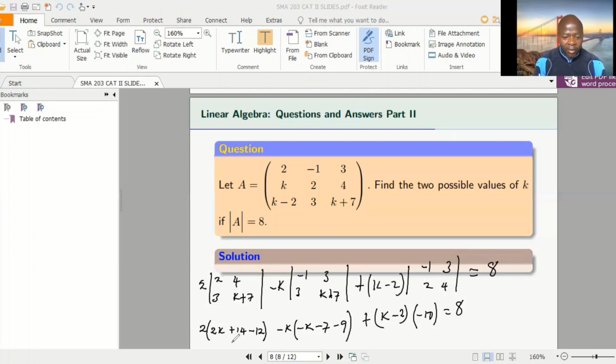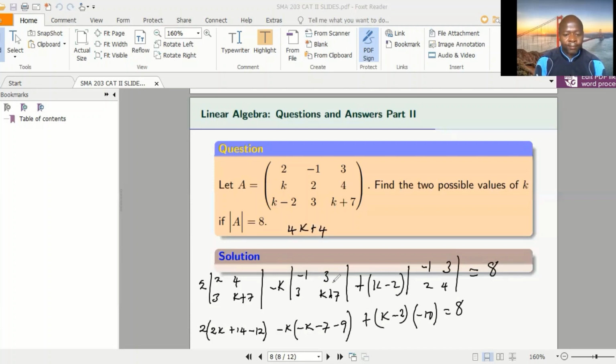So let's just simplify this first bracket. I have 2k here, 2k plus 2, times this 2, that means 4k plus 4.